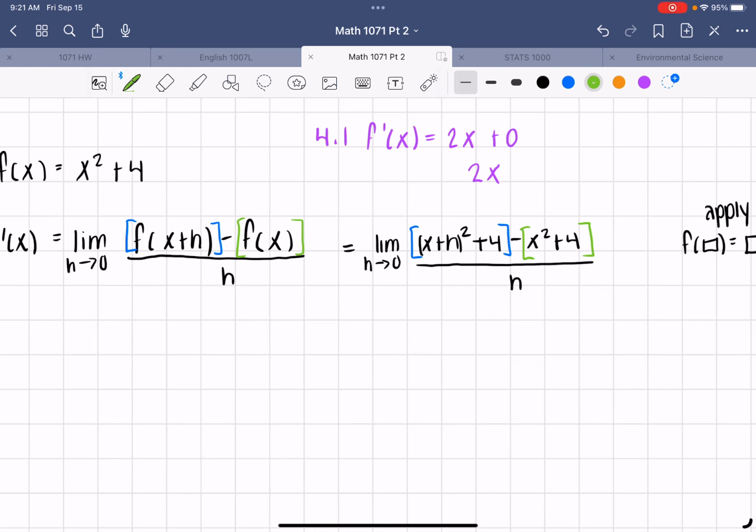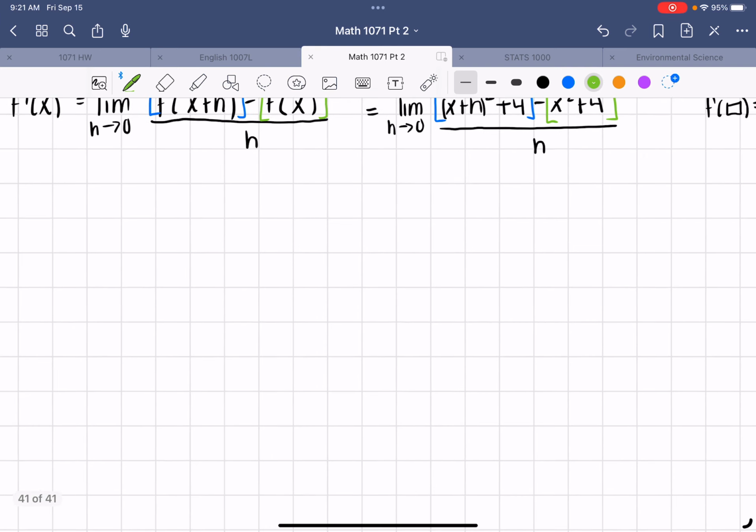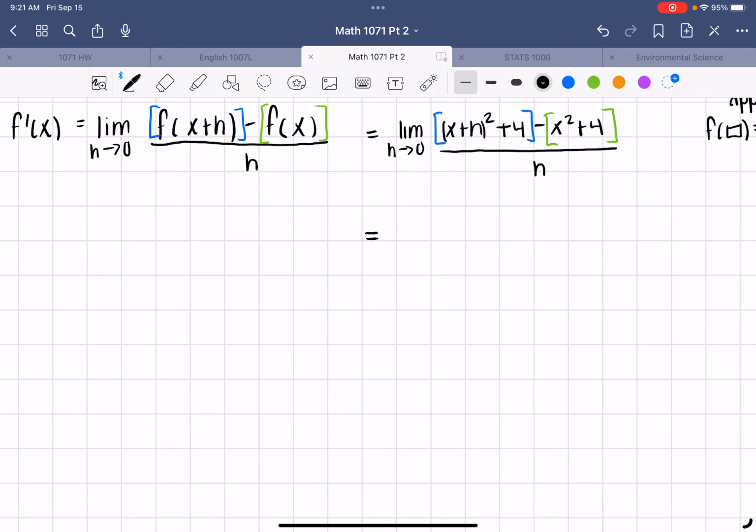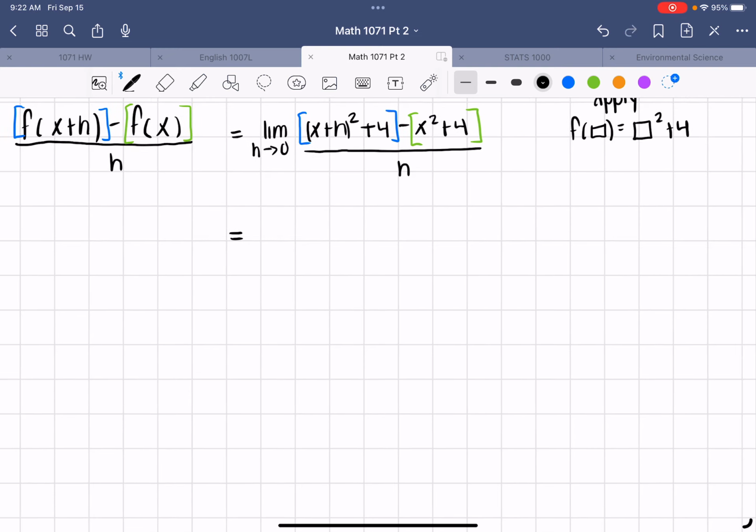And if I see you doing this on the exam, I don't have to read any further because you're done. Don't do this. People say, okay, I know that f of x is x squared plus 4, and I guess I should just put the h on at the end. They write this instead of the blue box.